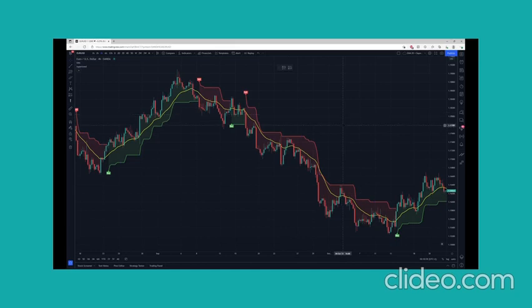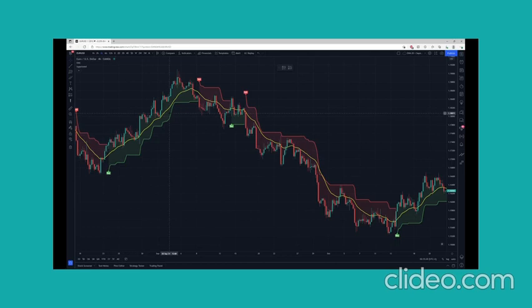Now for this strategy, the super trend will be used as the basic trend direction indicator, meaning you can only take a short position and look for short trade setups when there's a red super trend. And when there's a buy or green super trend, you're only going to look for a buy setup.